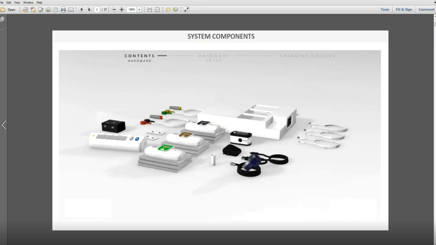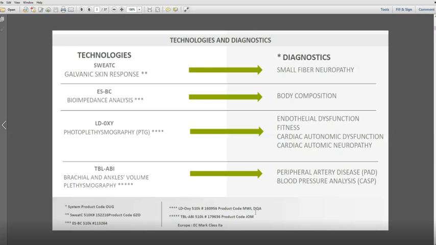So it's basically integrating 4 medical technologies into one platform. What you don't see here is a computer. So a computer would connect to the system here. As I mentioned, the technologies and the diagnostics.